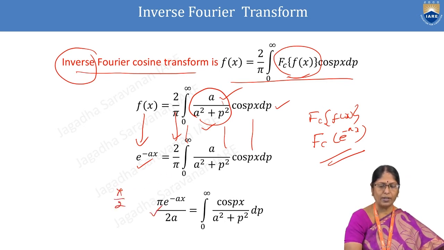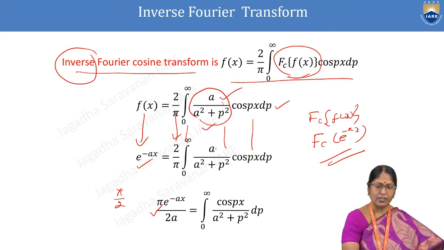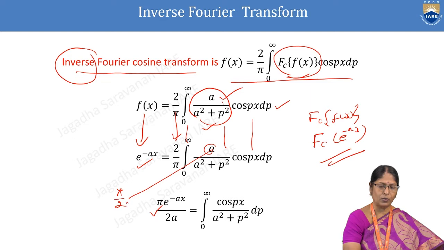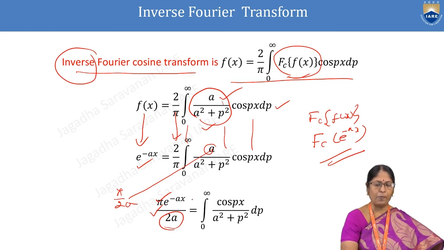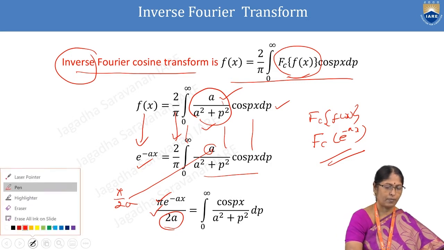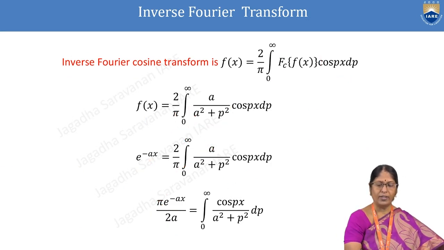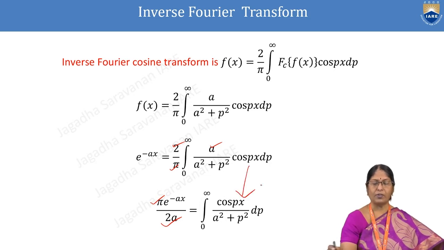This a also we brought here. So pi by 2a into e power minus ax equal to the leftover integral. We can see the 2a has come here, this pi has come up, and the balance remains written.